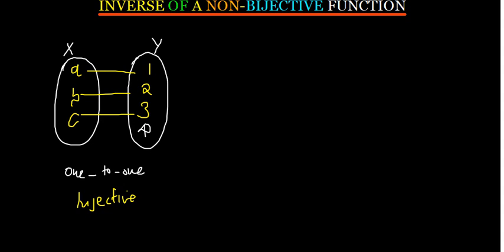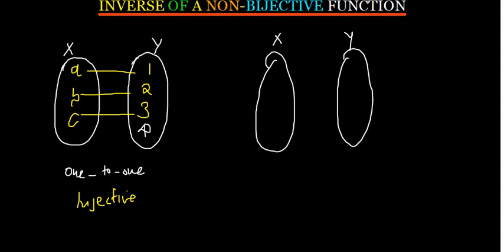We can have another scenario where I've got x and then y here. Let's say I've got a, b, c, and this side we have 1, 2, 3. Let's say this is paired with that, and then we have something like this.